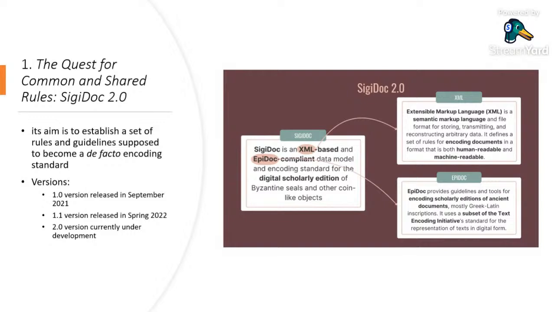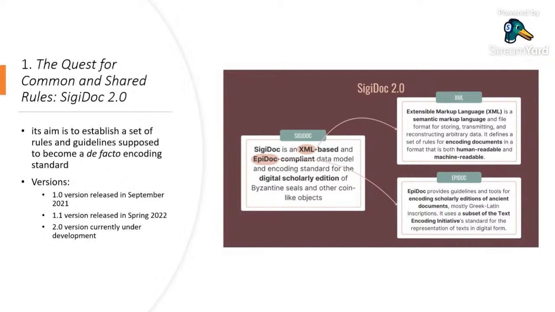The starting point for SigiDoc has been the well-known Epidoc experience. SigiDoc is today a subset of Epidoc. And the sigillographic schema is now in its 2.0 version, which is currently being tested after the 1.0 version.